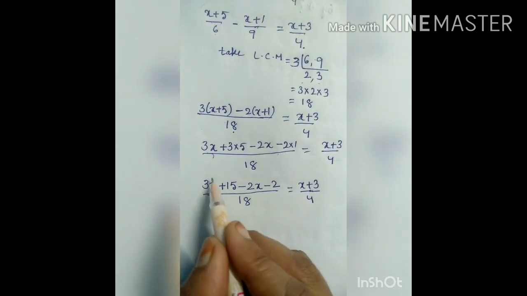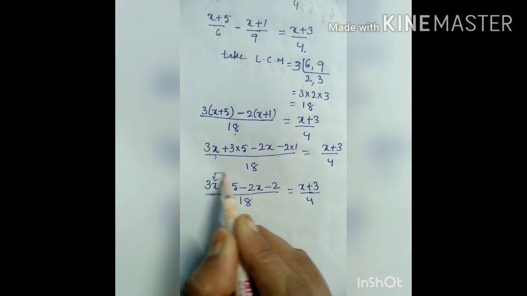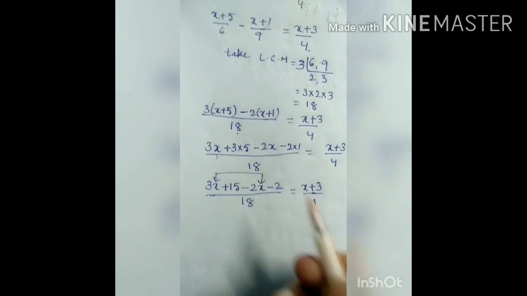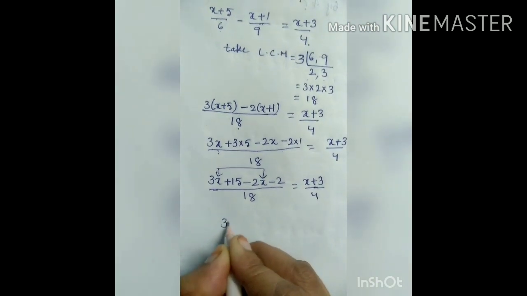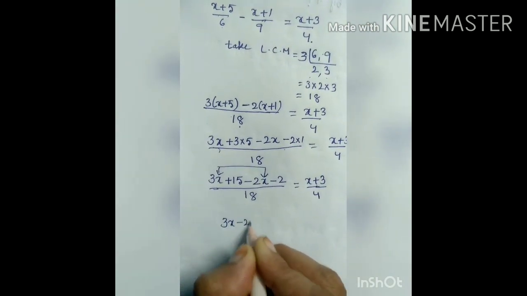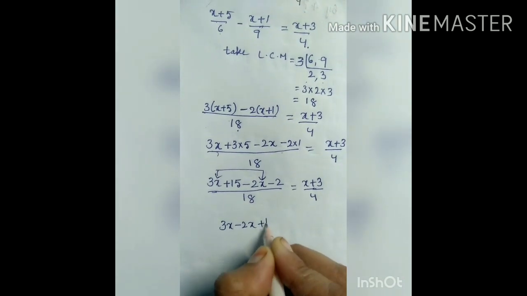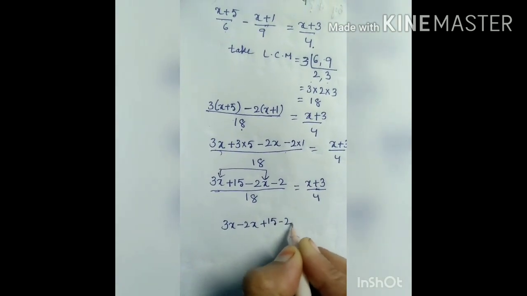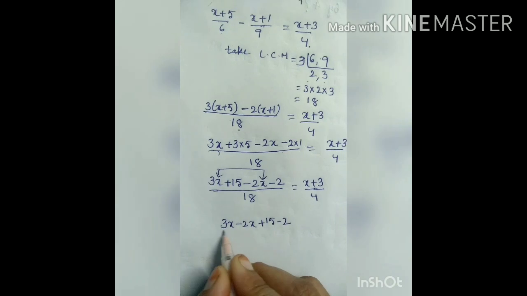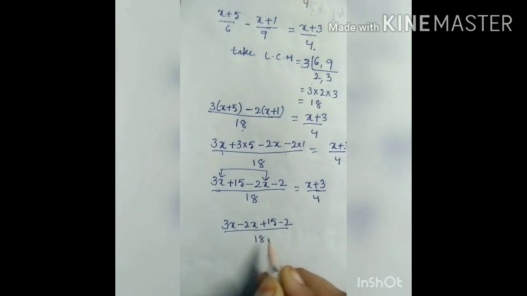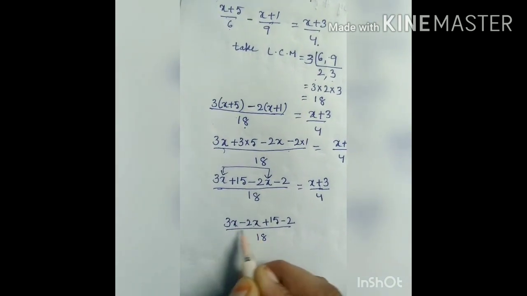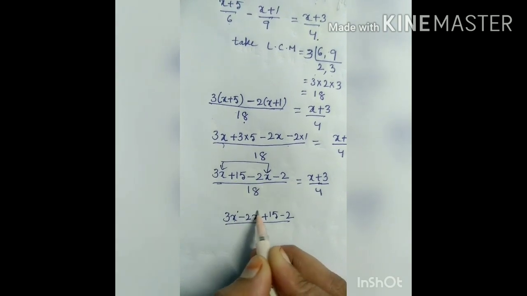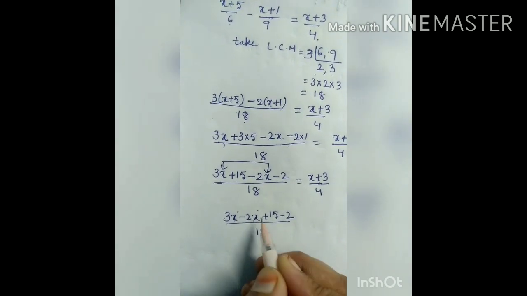Okay, so now I will write the x terms together: 3x minus 2x plus 15 minus 2, by 18. Here observe that the variables are the same and the powers are also the same, then do the addition or subtraction.